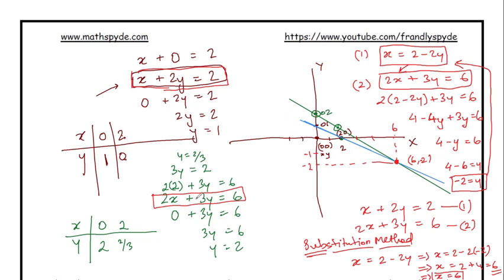Any two lines will always intersect at some point. If they do not intersect, that means those two lines are parallel. Now, I'm pretty much going to higher secondary level topics here, the subject matter of simultaneous equations is going to a higher level.